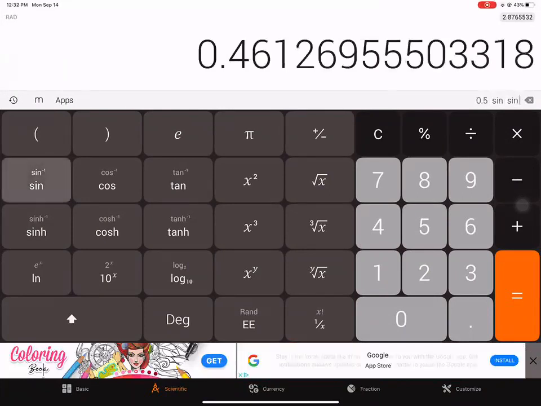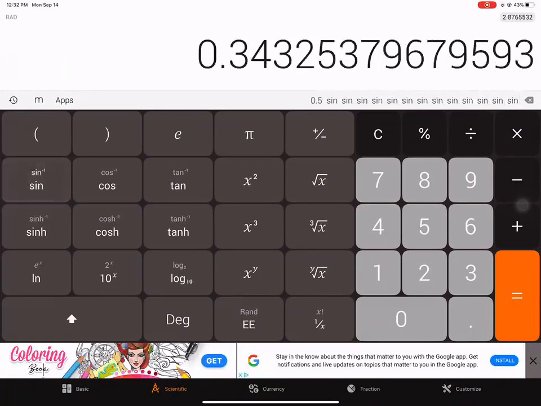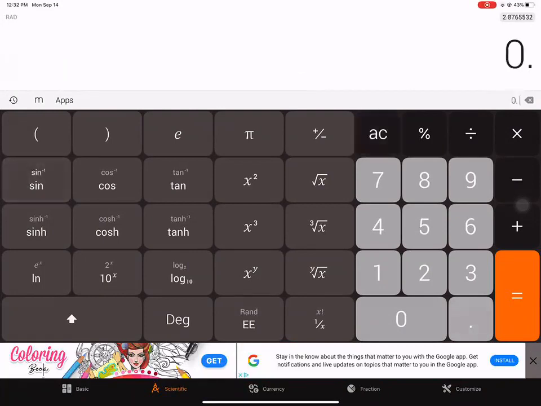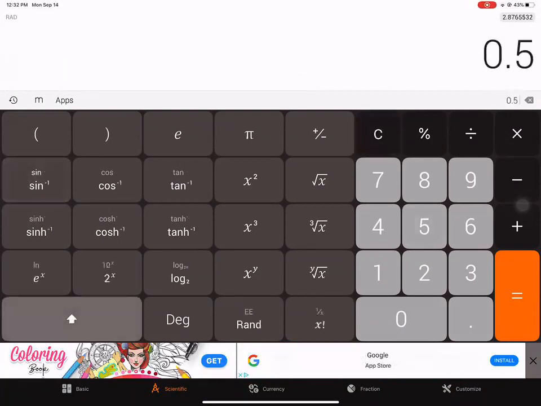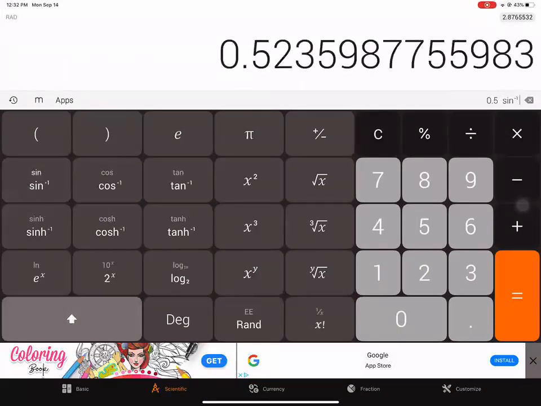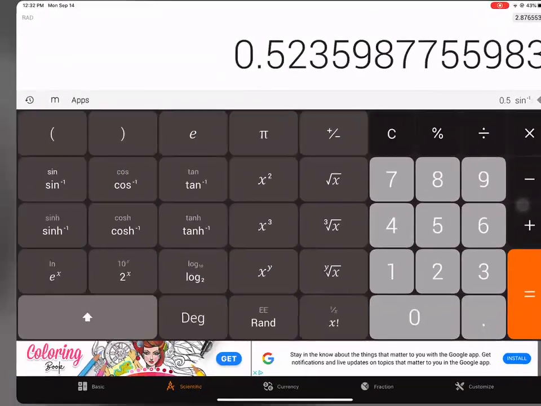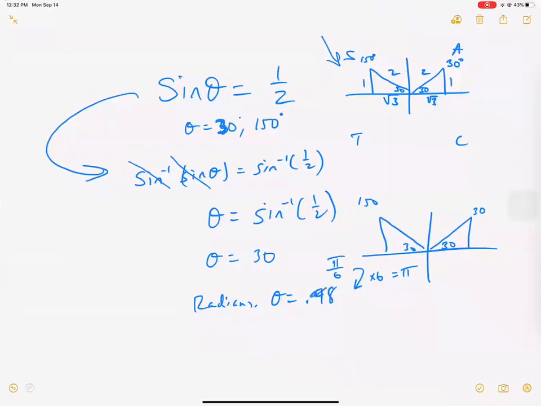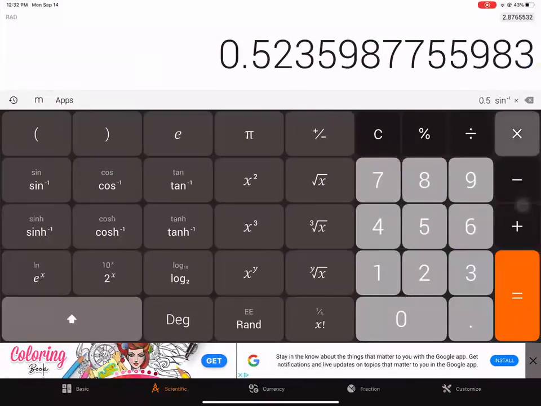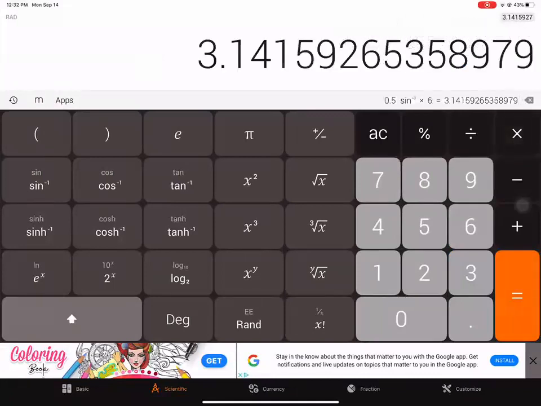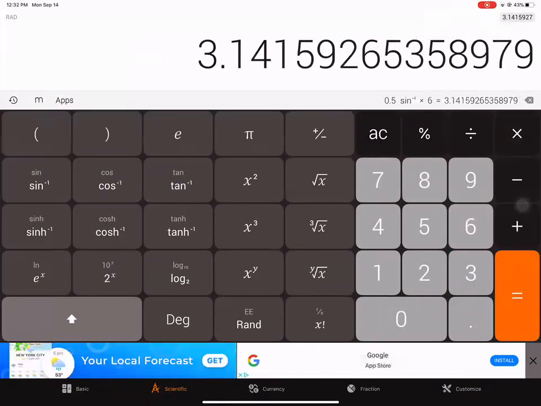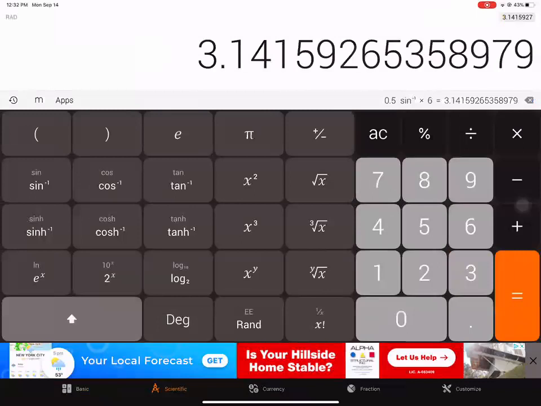See there, this is sine, I didn't do inverse. I thought I was still on inverse. Then shift, sine inverse is actually 0.52. Now if I multiply this by 6, that would make it pi. Multiply this by 6, that'll give me the 3.14 that we wanted. Okay, sorry about that.